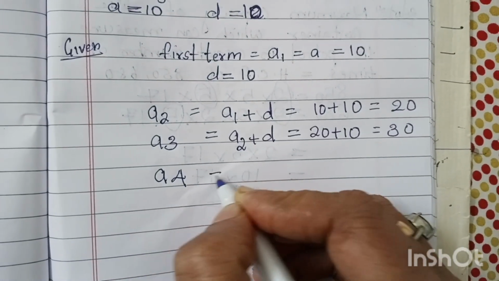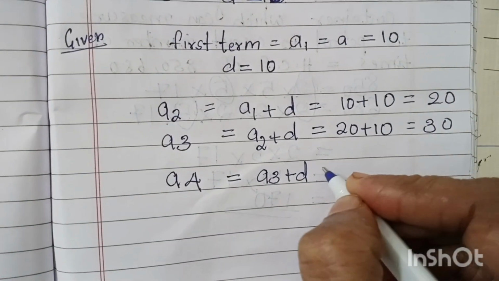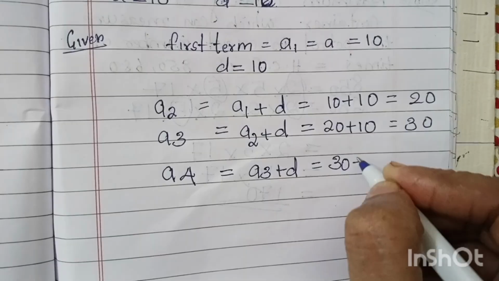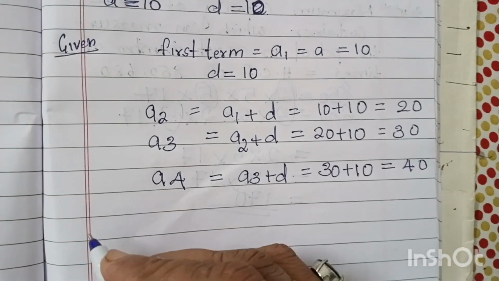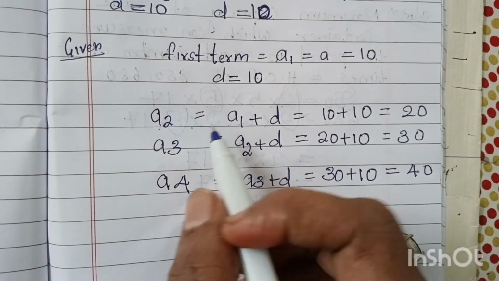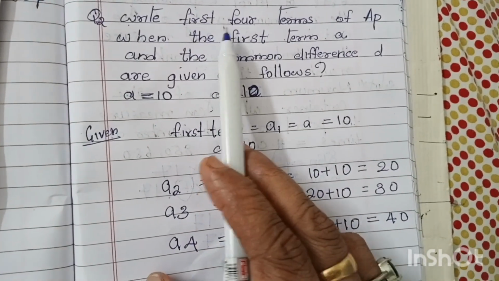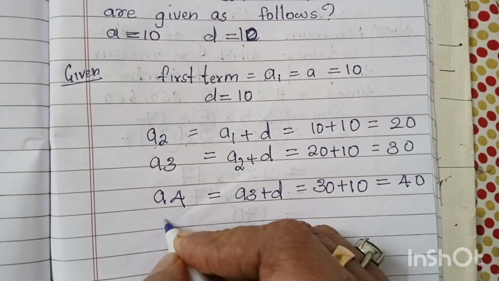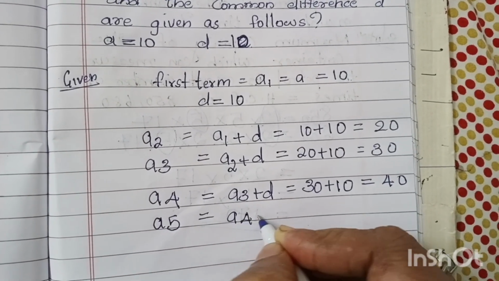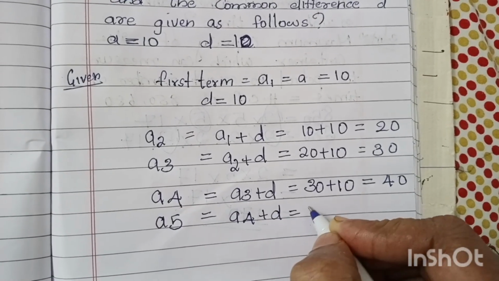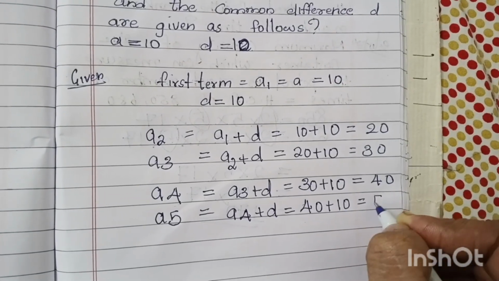Then a4 is equal to a3 plus d, which is equal to 30 plus 10, which is equal to 40. So these are the four terms. One more term also we can write: a5 is equal to a4 plus d, which is equal to 40 plus 10, which is equal to 50.